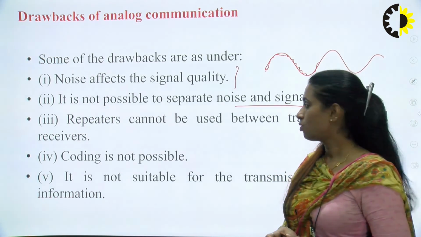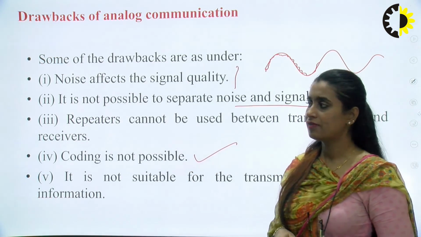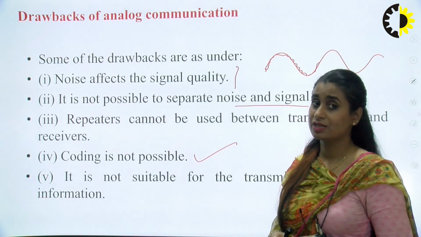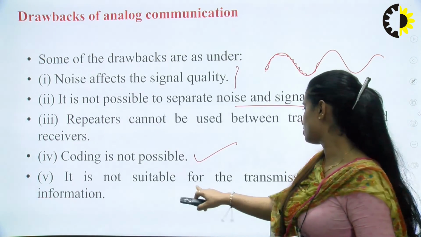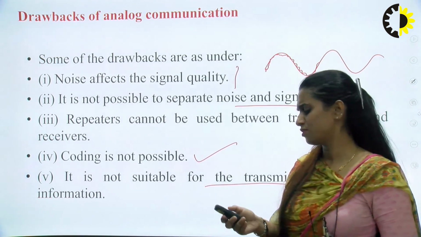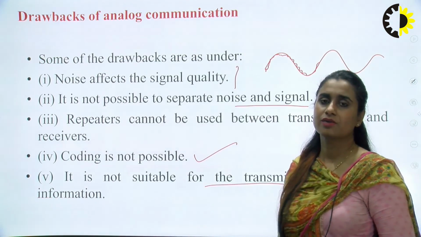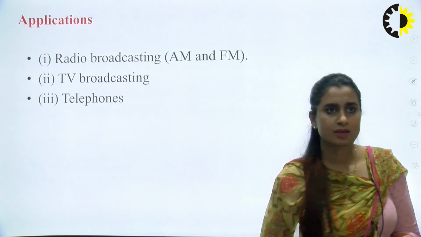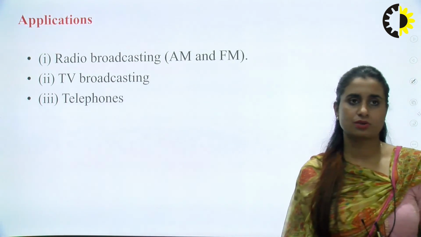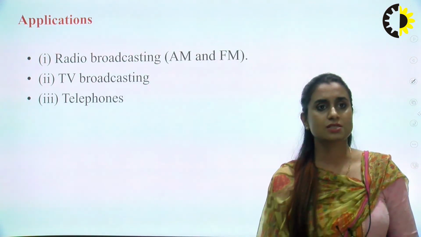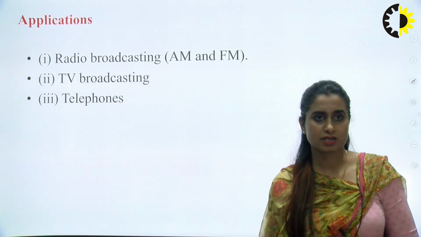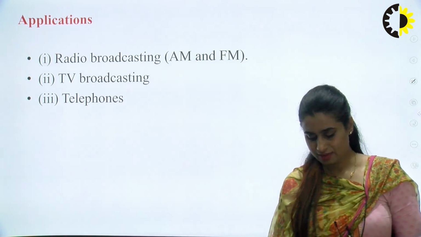Coding is easily available and applicable on digital communication, not on analog. It is not suitable for transmission of secret information, because encryption and coding we can apply on digital communication. There are plenty of applications; we have mentioned a few broad ones: radio broadcasting, TV broadcasting, and telephones.